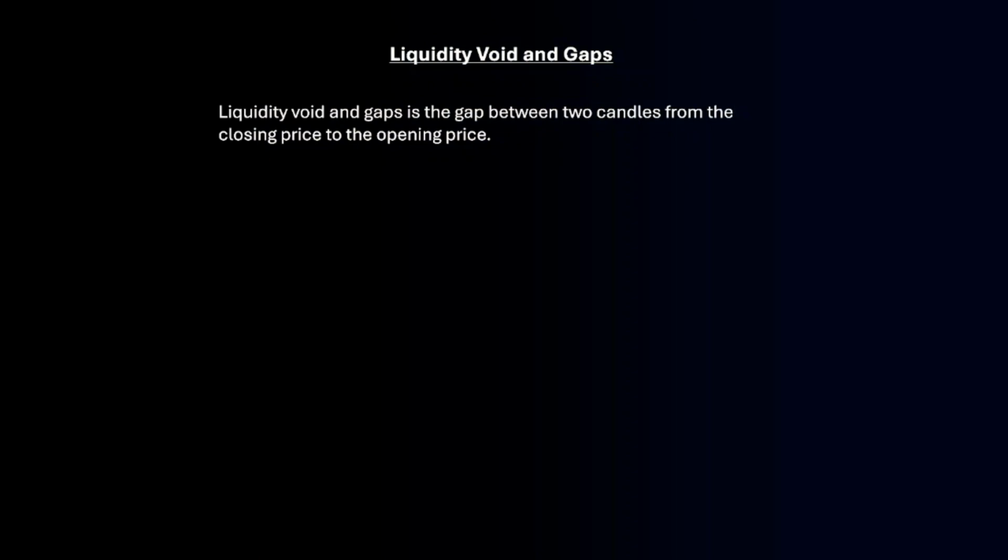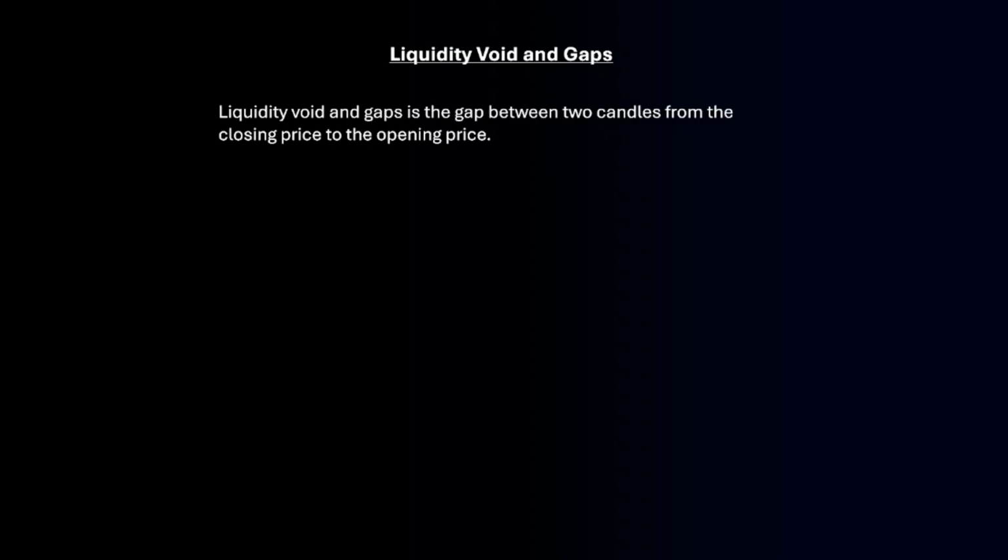Liquidity void and gap is the gap between two candles, from the closing price to the opening price. So between a closing price and an opening price, in a higher time frame or weekly time frame, there's the closing of this week and the opening of the next week, and there's a gap between price, or a liquidity void. This can happen on a 1 minute, 5 minute, 15-minute, or 4-hour time frame.